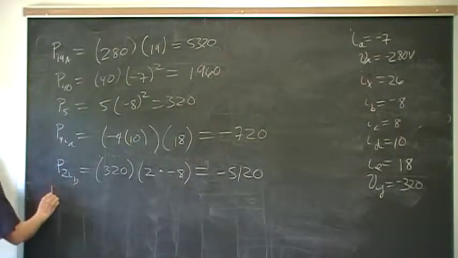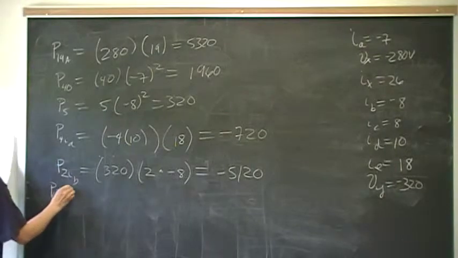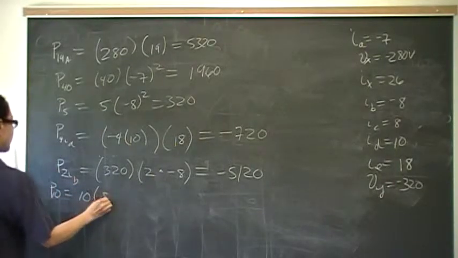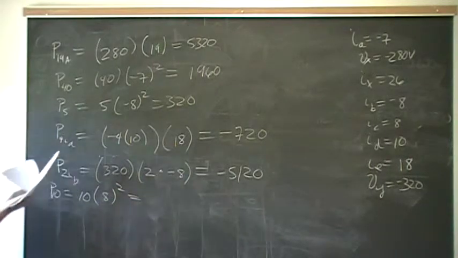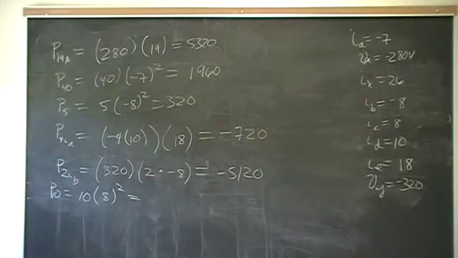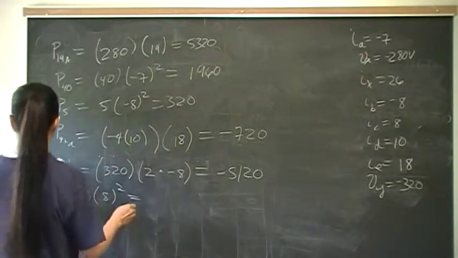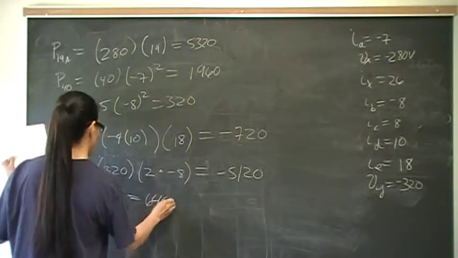So the power of the 10 ohm resistor is going to be 10 times 8 squared. The net current through it is 8, so 8 squared, and that will give you 640 watts.